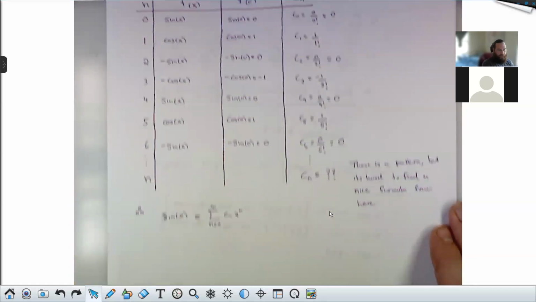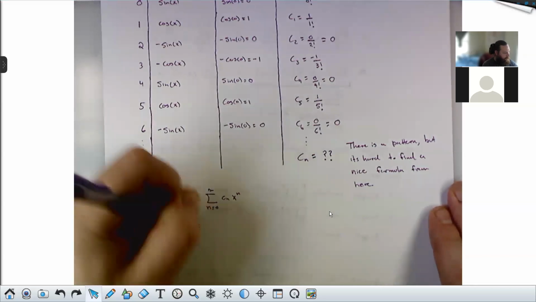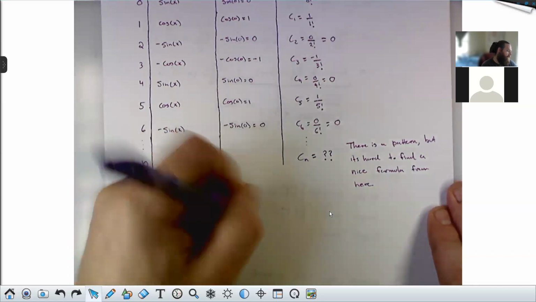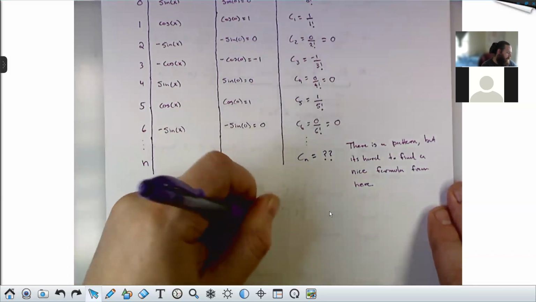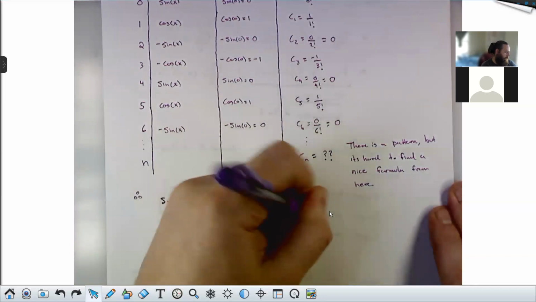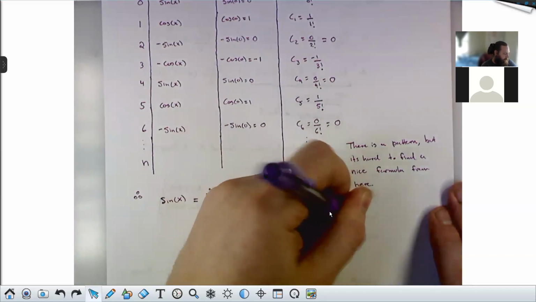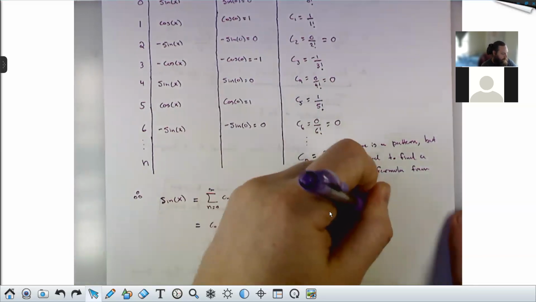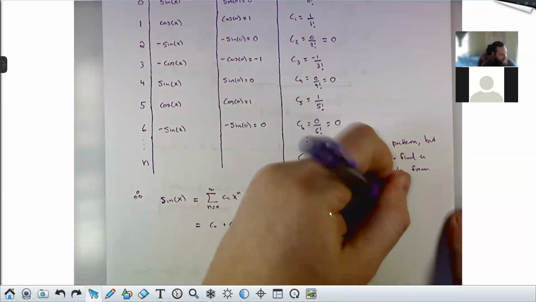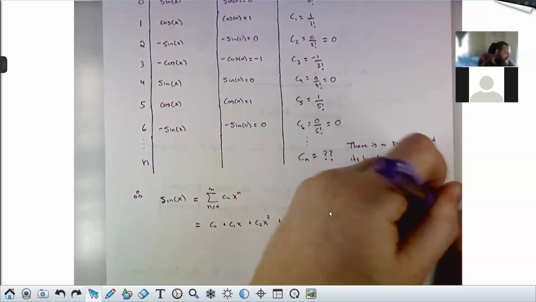The center here is 0. And if I start writing those terms out, that's C0 plus C1x plus C2x squared plus C3x cubed plus C4x to the 4 plus C5x to the 5 plus C6x to the 6, plus C7x to the 7, and so on.